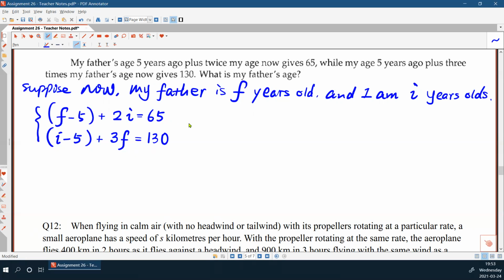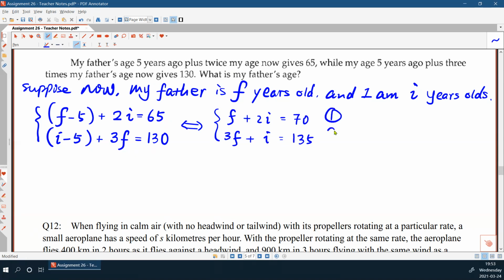First of all, they are not in simplified form, so let's simplify the system first. The first equation is F plus 2I equals 70. The second one is 3F plus I equals 135, right?